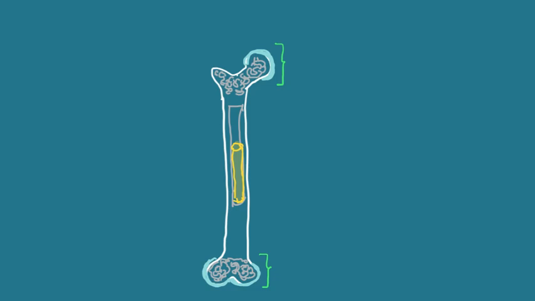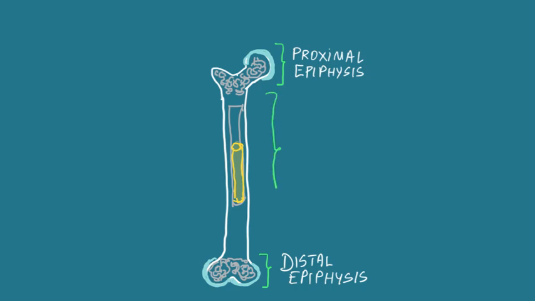The middle portion of the bone is called the diaphysis. The diaphyseal region of the bone is made up of compact bone. This makes sense because the diaphyseal region is the part of the bone that is most vulnerable to stress, so the compact bone provides a great amount of support.